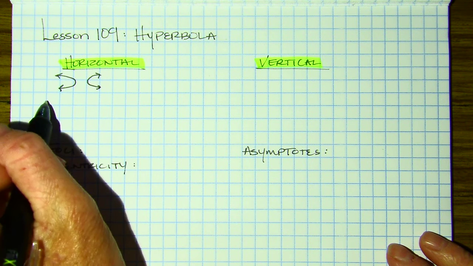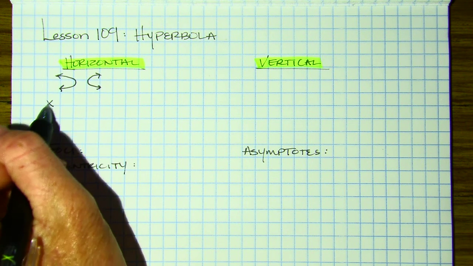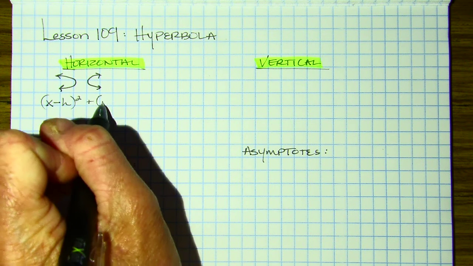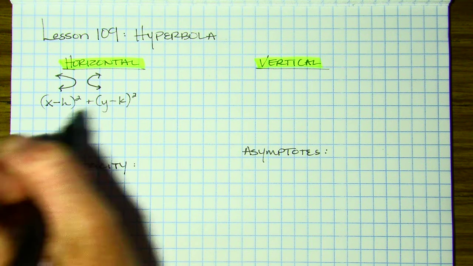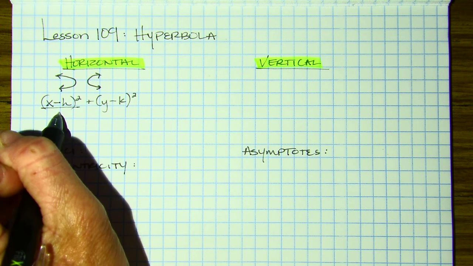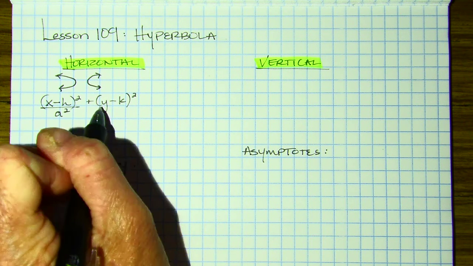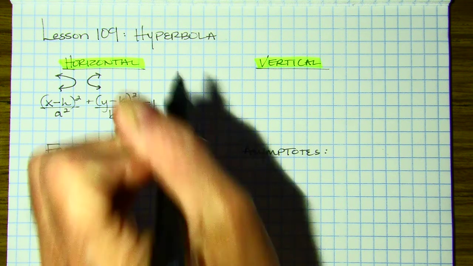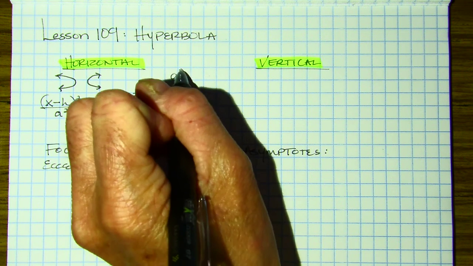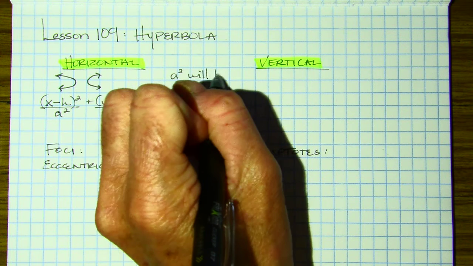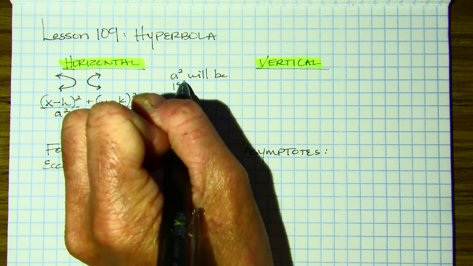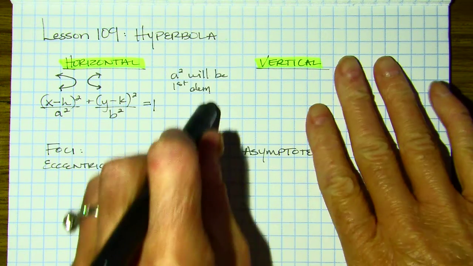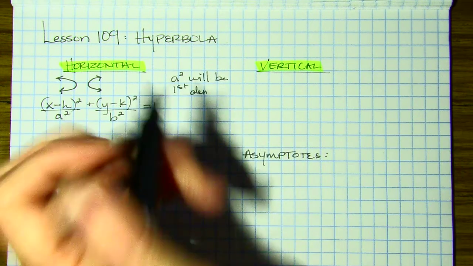Its equation will look like the following: (x minus h) squared over a squared, minus (y minus k) squared over b squared equals 1. In a hyperbola, a squared will be the first denominator.